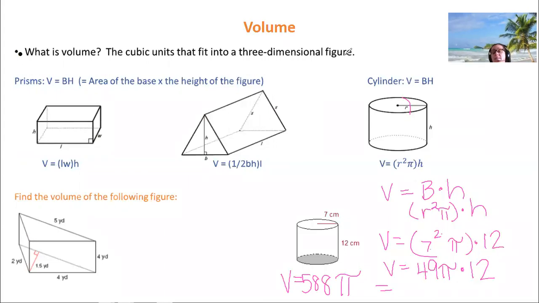And you're going to have a long decimal. Let's round it to the nearest hundredth, so 2 places after the decimal. Okay, Malia got 1847.26. Is that what you guys got? And in your calculator, you're just going 588 times pi.